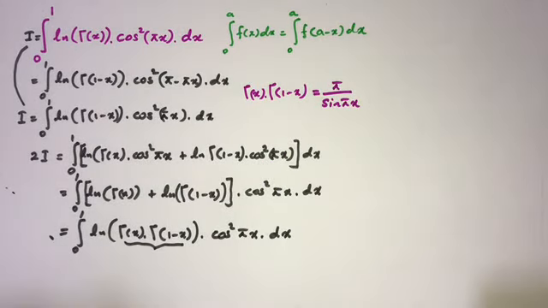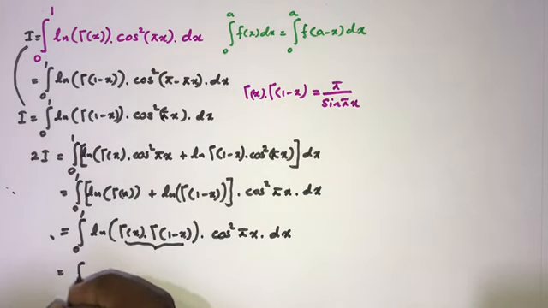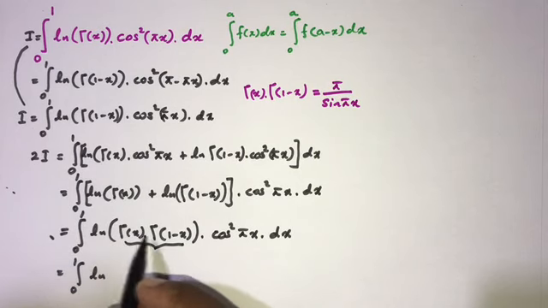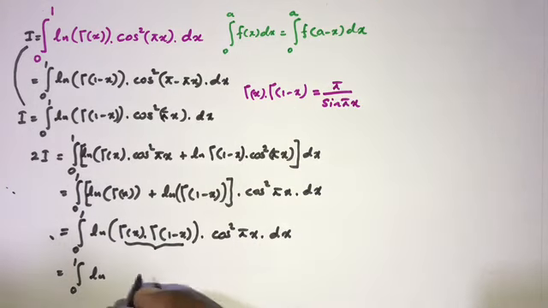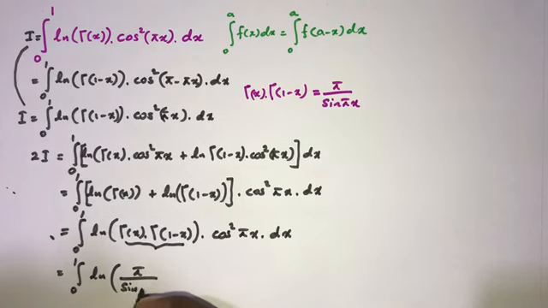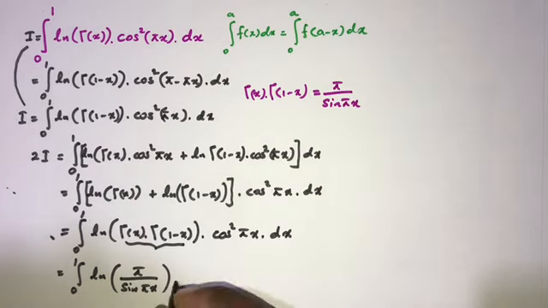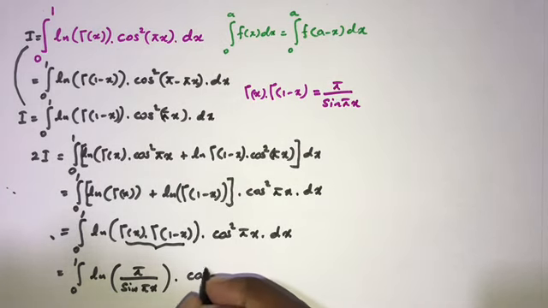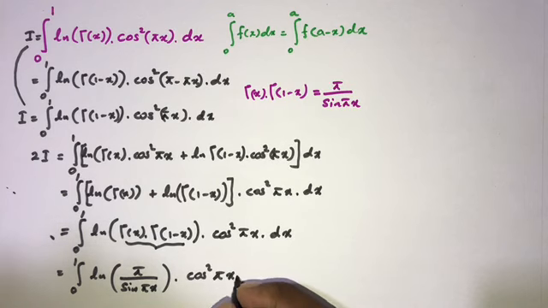Now we can plug in here, so we can write the integral from 0 to 1 of natural log of pi over sine of pi x, times cosine square of pi x dx.